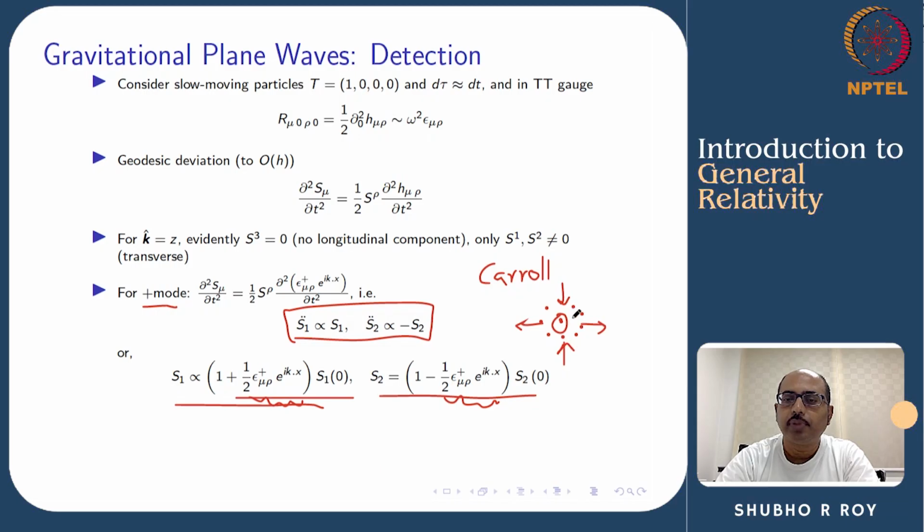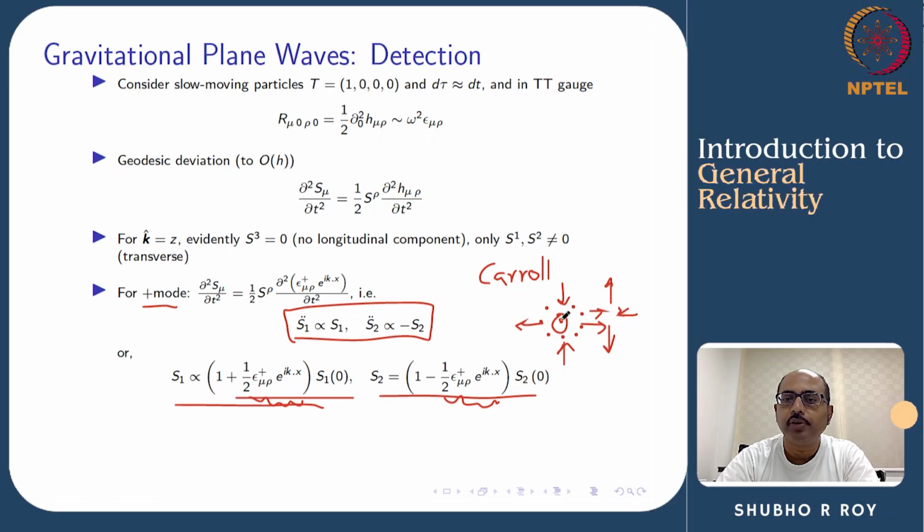And vice versa, when in the x direction the gravitational wave is squeezing them, in the y direction they'll get expanded. So they will oscillate like a plus sign. So that is why we call this the plus mode.